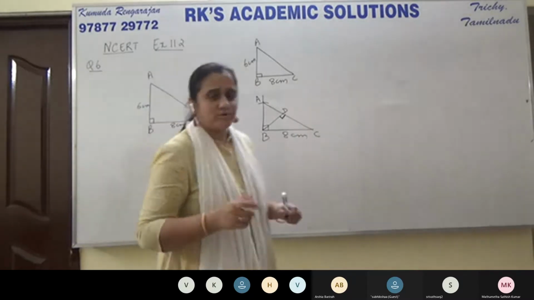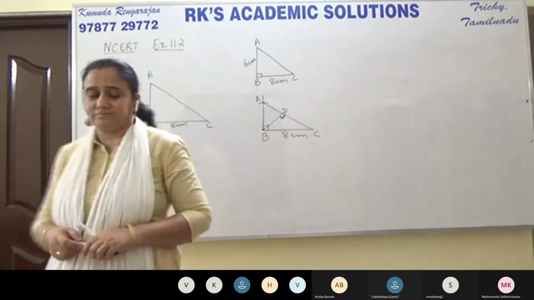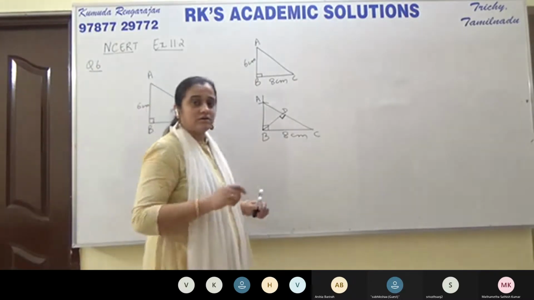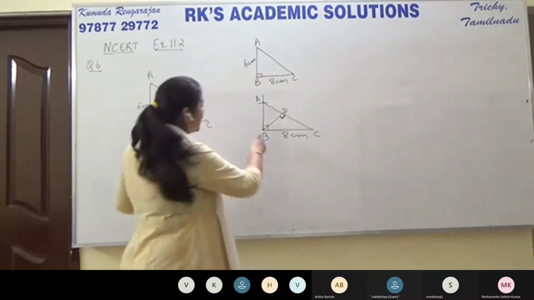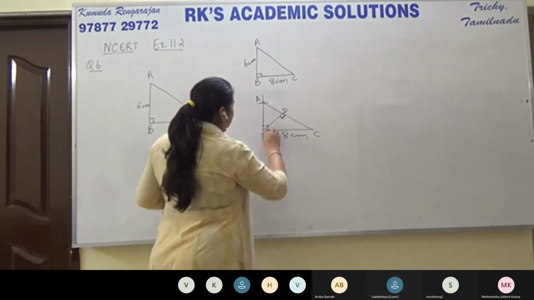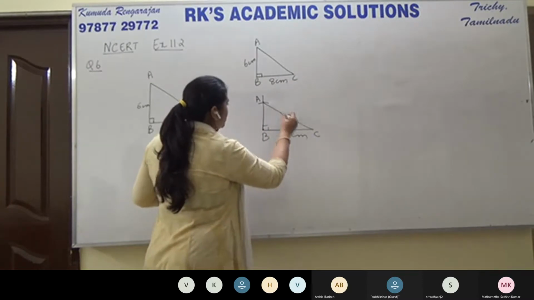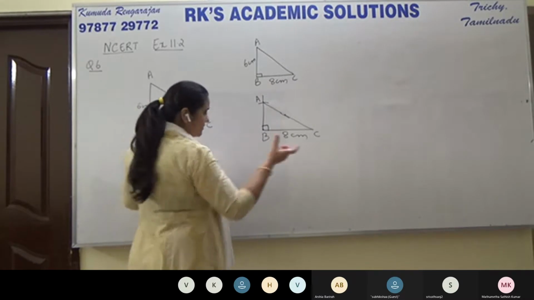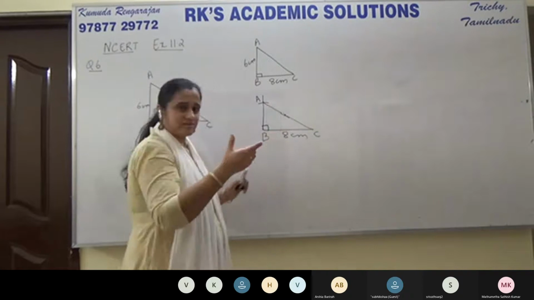I'll tell you. Take your compass, fix a pencil to your compass, keep it ready. We have to locate this point D. What you have to do is take your compass, put your compass tip at B, take sufficient radius.